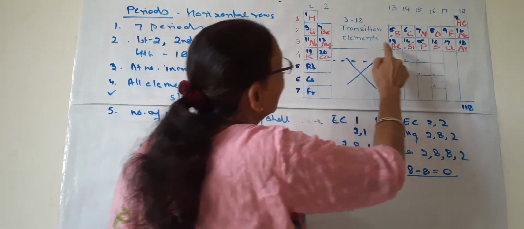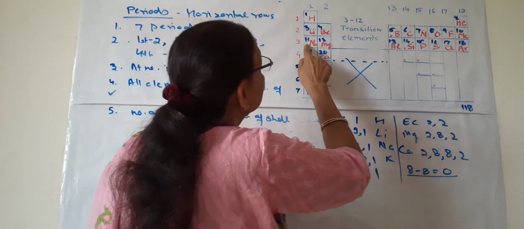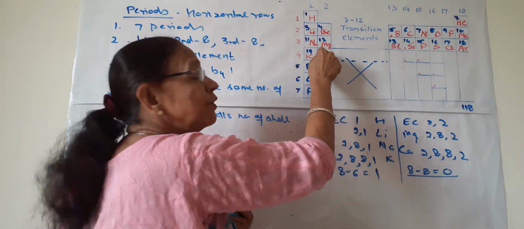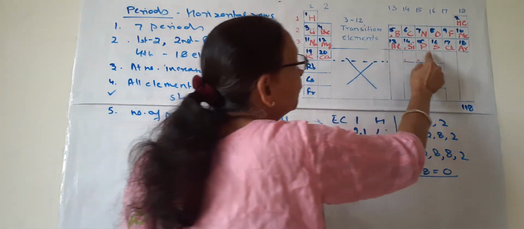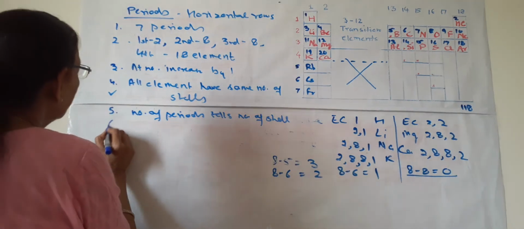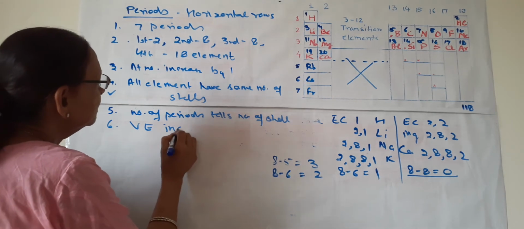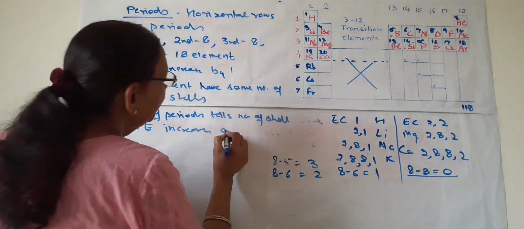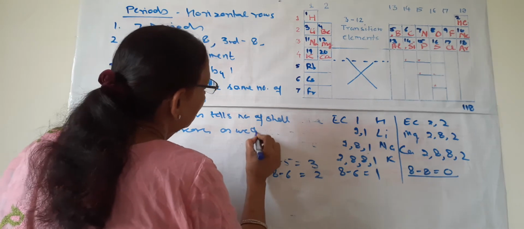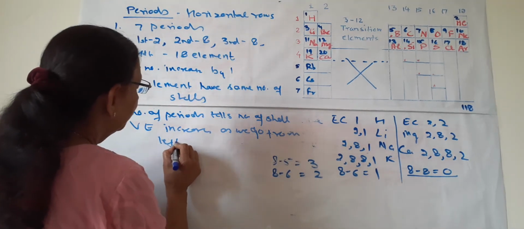Here the valence electrons increase by 1. In sodium, 1 valence electron, magnesium 2, then 3, 4, 5, 6, 7, 8. So the sixth point we can write is that valence electrons increase as we go from left to right.